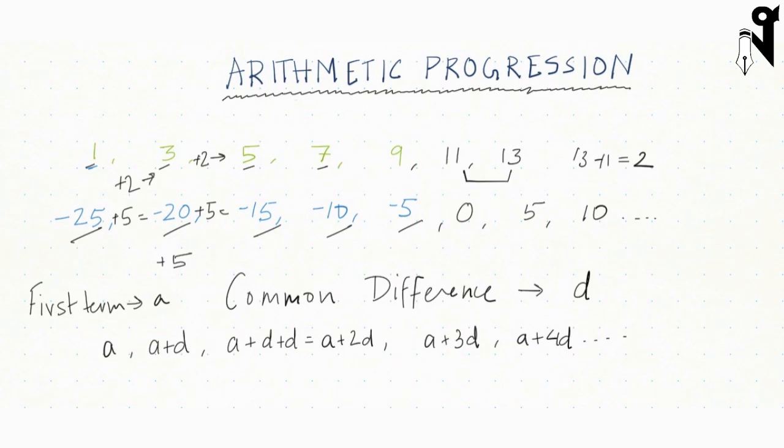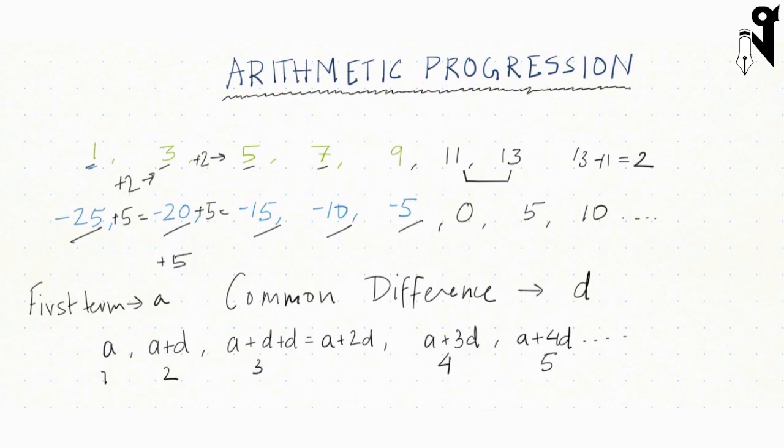So an arithmetic progression is formed by taking any first term, a random value, which I've generalized to a, and then keep adding the common difference d to subsequent terms. So a is the first term, a plus d the second term, a plus 2d the third term, a plus 3d the fourth term, and so on.